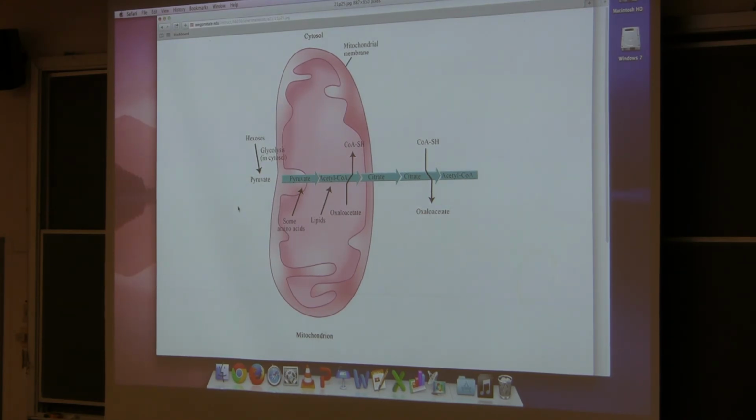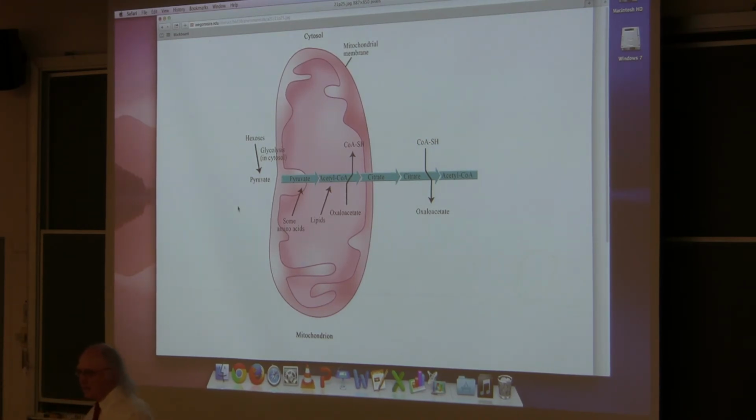And if the citric acid cycle stops, where is it going to stop? It's going to stop before any reactions that require NAD. The very first of those in the cycle that we talked about was the isocitrate dehydrogenase reaction, where isocitrate is being converted into alpha-ketoglutarate. Okay? That's the first reaction in that cycle that needs NAD.